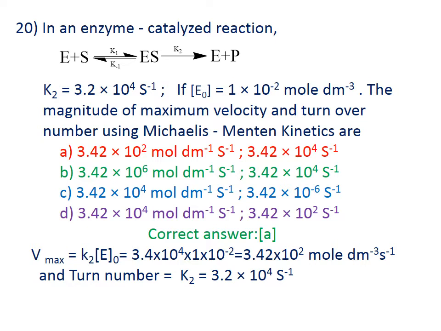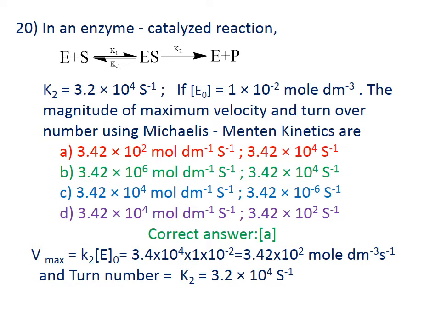Michaelis-Menten kinetics are. Here the maximum velocity will be equal to K2 into concentration of E0. K2 is given and E0 is given. You substitute it: 3.2 into 10 to the power of 4 into 1 into 10 to the power of minus 2, it will be equal to 3.2 into 10 to the power of 2 mole dm minus 3 s power minus 1.